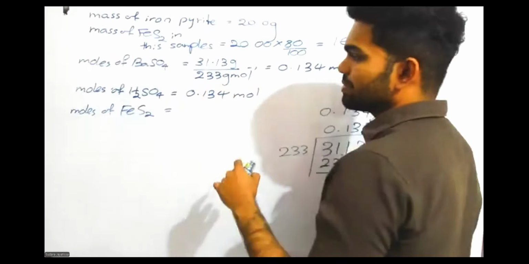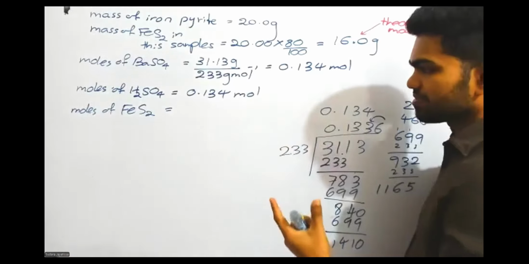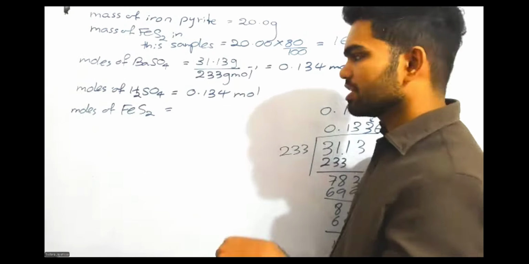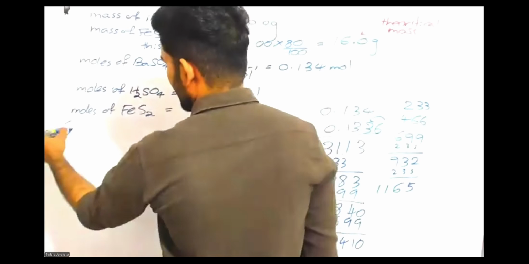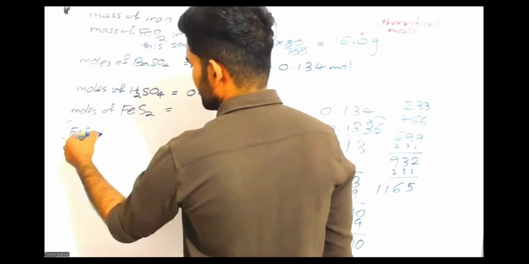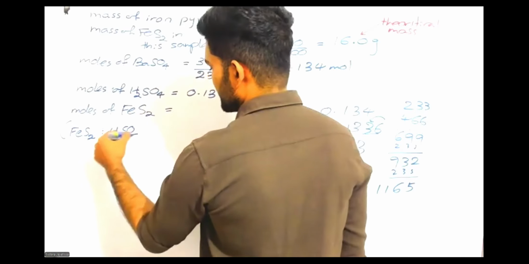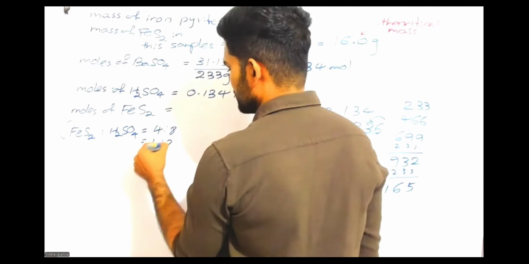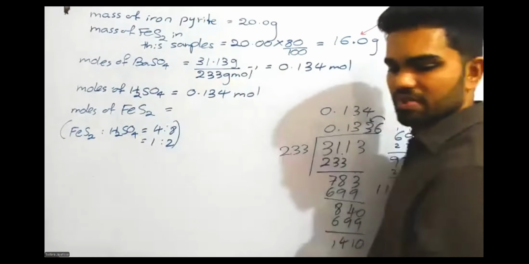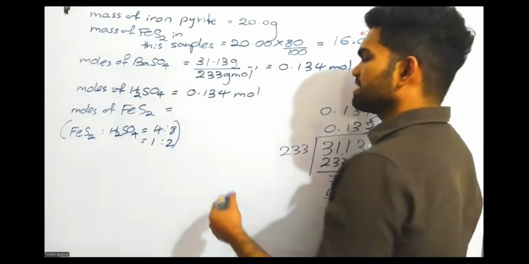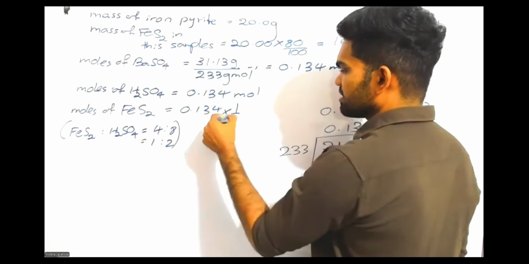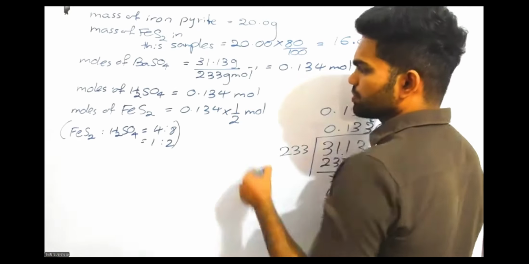Moles of FeS2 is half of this one, isn't it? Because one FeS2 gives you 2 sulfuric. Remember that ratio. You can write FeS2 to H2SO4 ratio is 4:8. That means 1:2. Isn't it? So that ratio you can use and say, okay, so half of this will be given as FeS2.